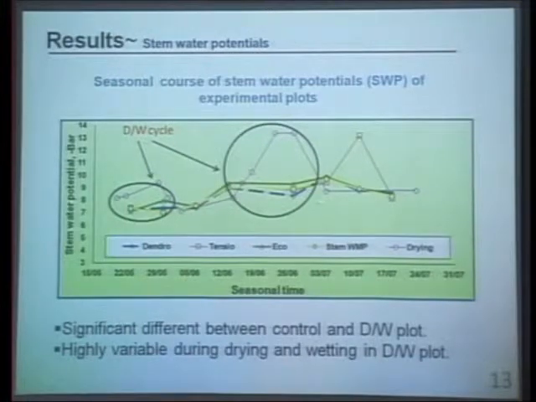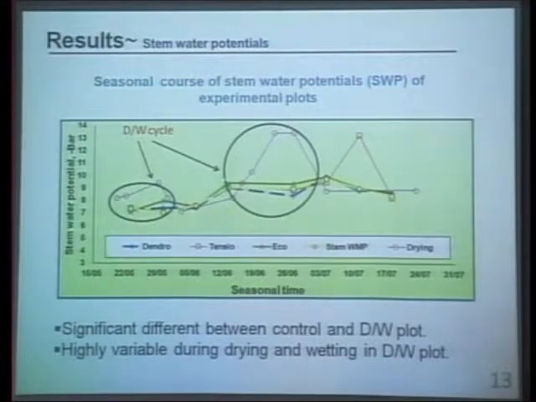It means the plot where the irrigation sensor was located is a control plot. As I told, we have 4 control plots and 1 drying and wetting plot. Within the control plots, there was no significant difference in stem water potential, but a significant difference pattern of stem water potential was observed in the drying and wetting plot.